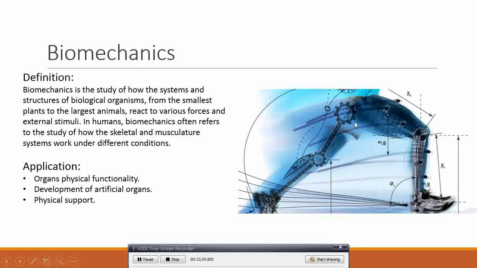So kalau kita boleh baca parameters ni, we can potentially come up with the simulation, so that to show how the gait analysis is been performed. Jadi kalau kata kita nak design physical organs, contoh macam kaki palsu, tangan palsu, jadi kita perlu faham the mechanical function of the organs.